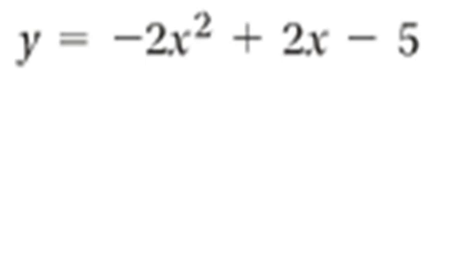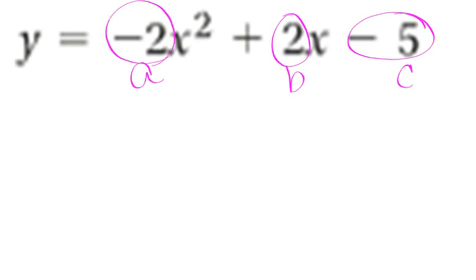Now, let's go through this together. If you erased, you've got to write this again, step by step. Go through the process with me. So, the first thing we're going to do is define our A, B, and C. Our A is -2, our B is 2, and our C is -5. For my A value, I see it's a -2, so we know it's going to be a downwards facing parabola.